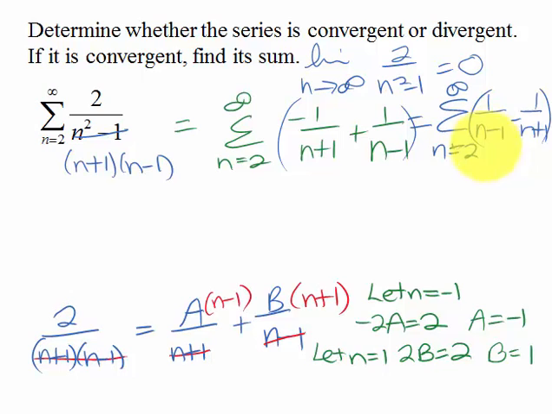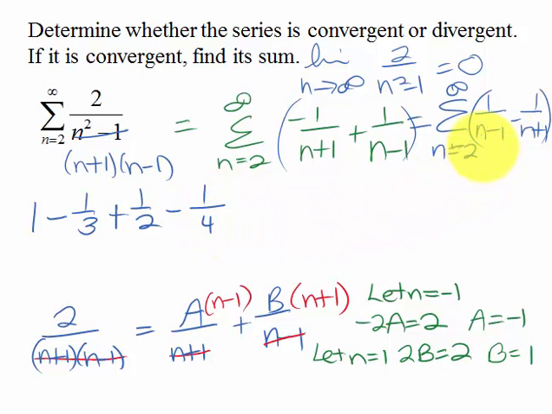Okay, so let's go ahead and put in 2. When I put in 2, I have 1 over 2 minus 1, so I have 1, minus, when I put a 2 in here, 1/3. Now let's put in a 3. 1 over 3 minus 1 is 1 over 2, and putting a 3 in here, this was a minus, we have 1 over 4.